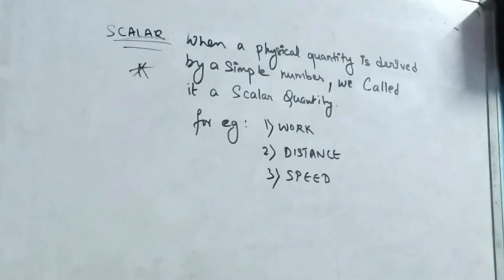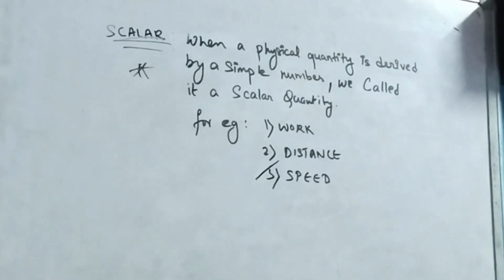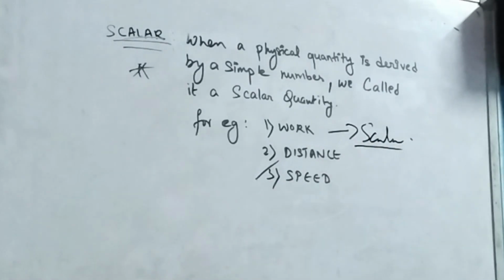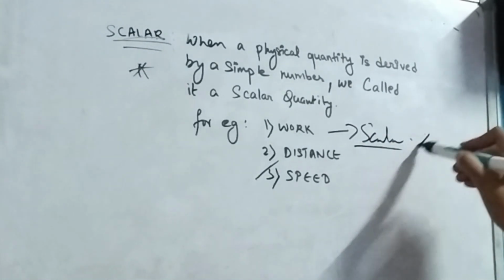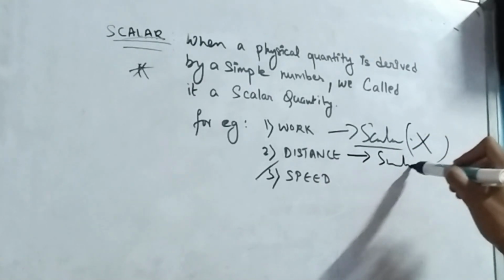Please copy this, it is a very important definition of scalar. Work is also a scalar quantity because work has no direction, and distance is also a scalar quantity.